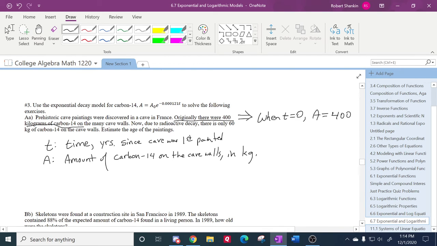So we translate this sentence into looking at the variables, what it means. All right.